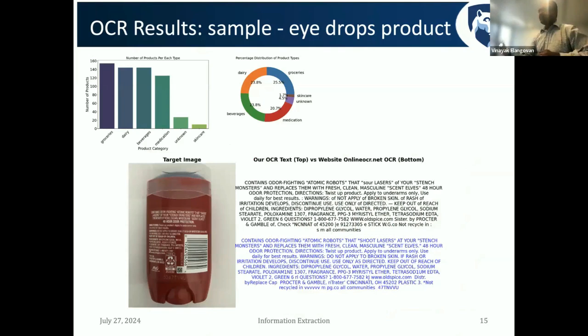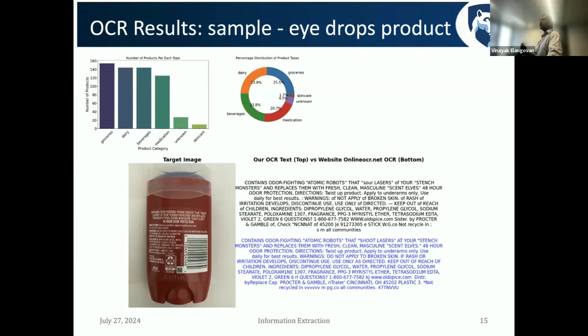Okay, so we applied it on a commercial product. This is a deodorant stick. We applied it on that as well, and we extracted that information, and we compared our OCR approach with other online approaches, and we were able to extract more information. Still, there are a lot of challenges because there are plenty of different products, and the font size, the color, the font style, all those are pretty challenging.